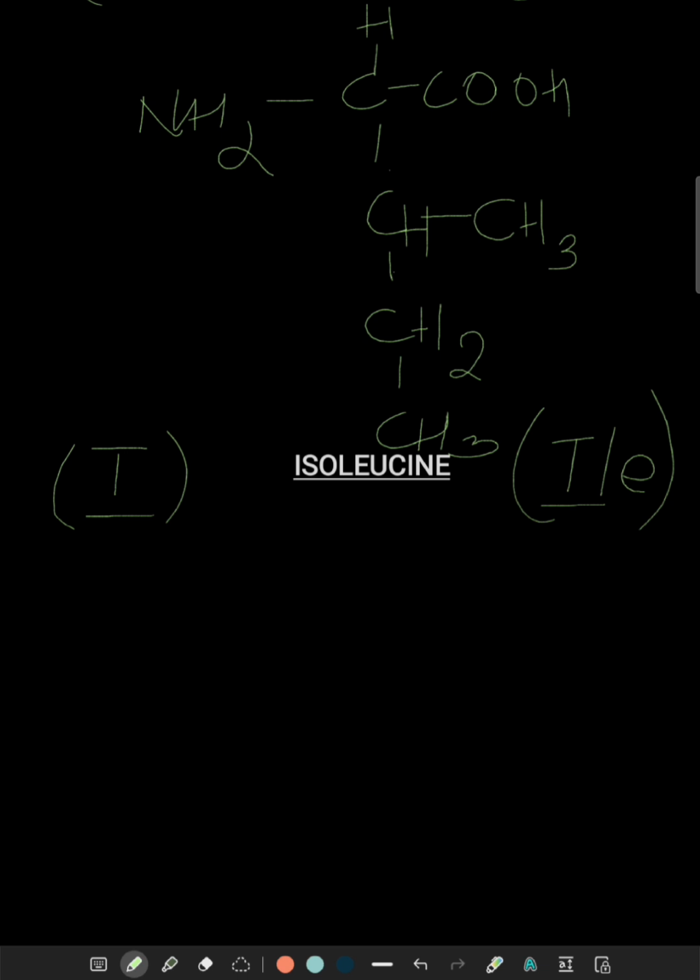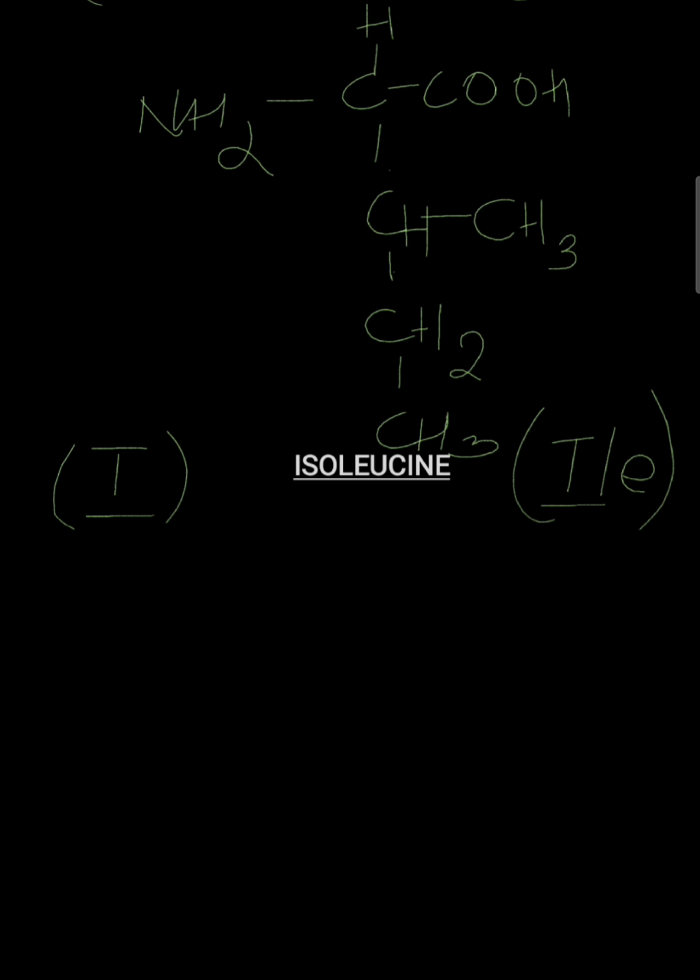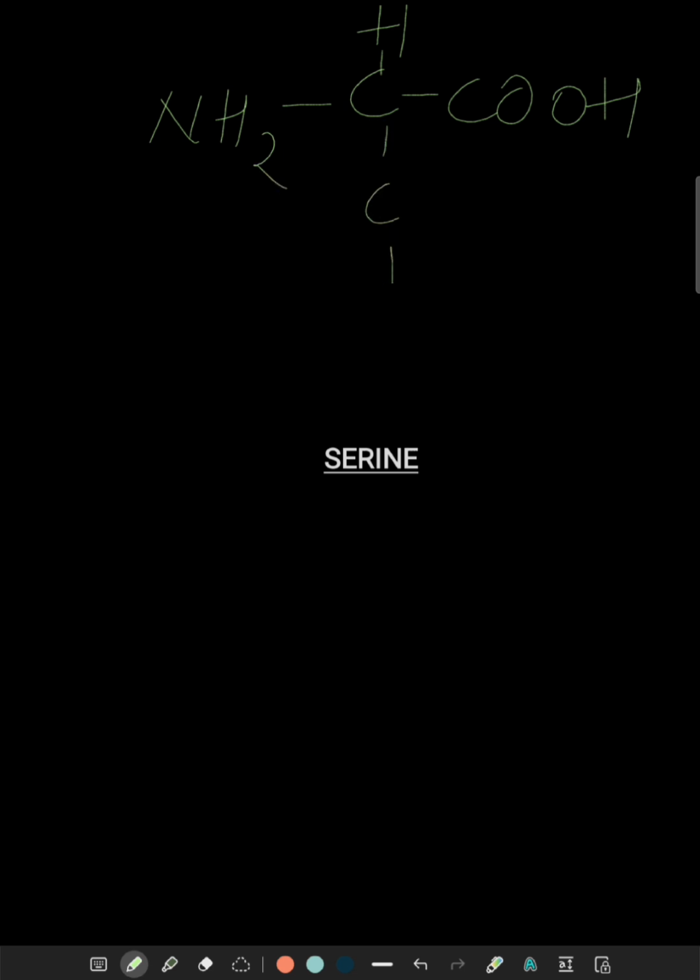Now let us go to another one, serine. Serine has a hydroxyl group attached to its R group. So let us see how it looks. Hydroxyl group means an OH. Let us draw one H, and then we have an NH2, we have C, and then we have an OH.